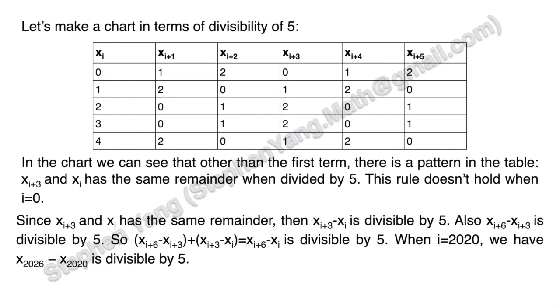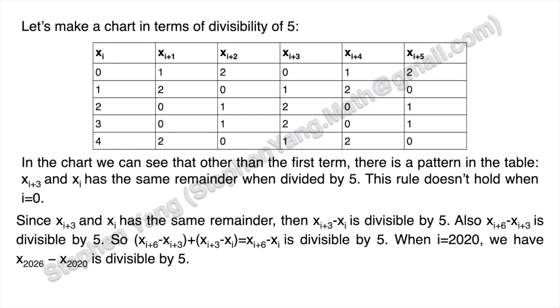Since x_{i+3} and x_i have the same remainder when divided by 5, x_{i+3} minus x_i would be divisible by 5. Also, x_{i+6} minus x_{i+3} would be divisible by 5.